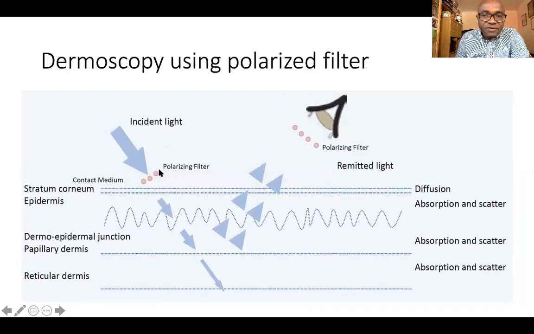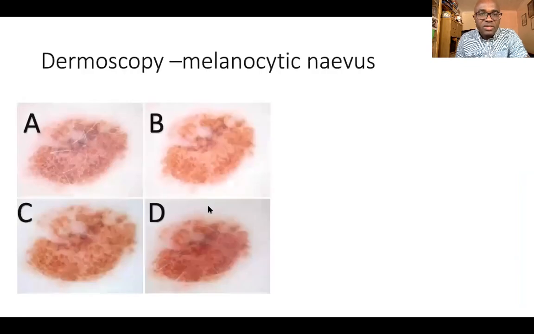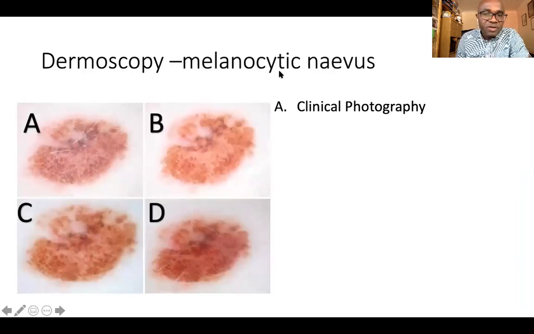And then with polarized filters, it's the same thing. You can either use it without contact medium, or with the polarized filter switched on, then remitted light gives you much deeper focus on lesions from the dermal-epidermal junction area as well. So these are what you look at in those 4 images.